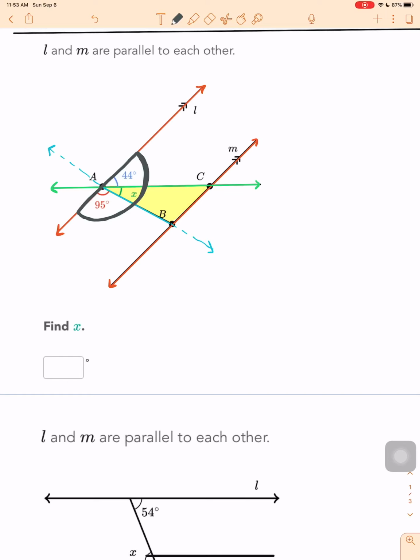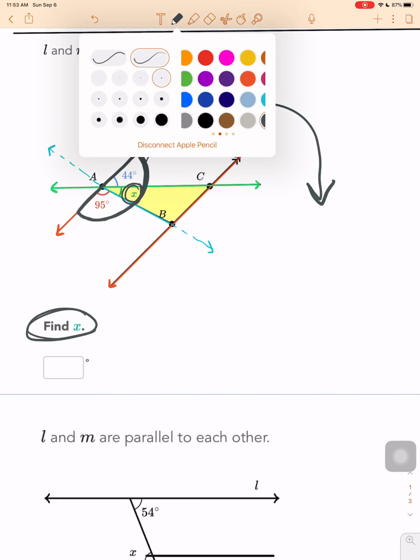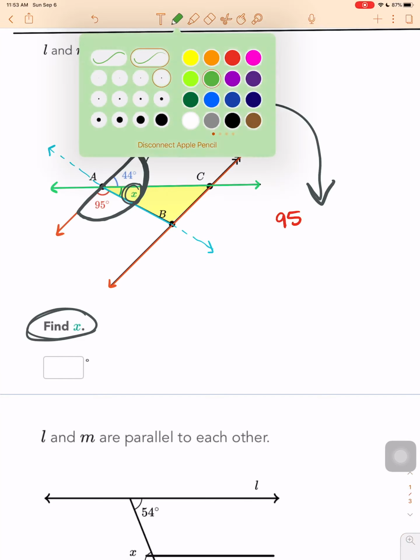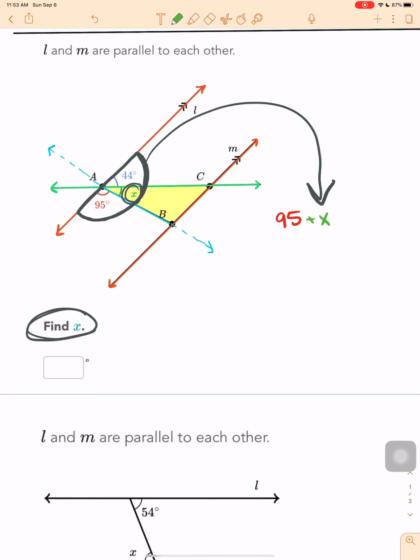Now I see I have x here, and our goal is to find x. So, knowing that these are all supplementary, we know that 95 plus x plus 44 is all equal to 180 degrees.